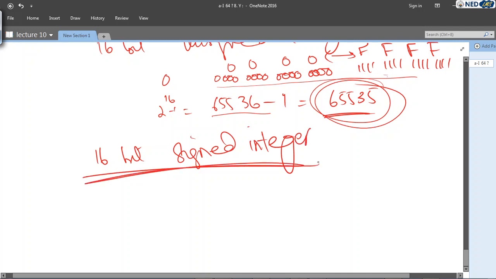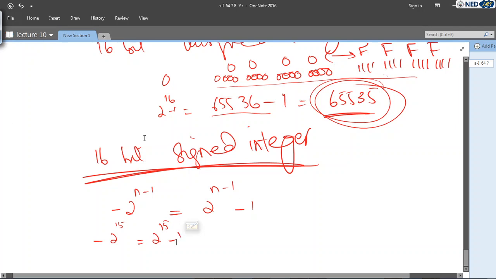The range would be, with n as the number of bits, minus 2 to the power n minus 1 all the way to 2 to the power n minus 1, minus 1. Just turn on the most significant bit, so you get minus 2 to the power 16 minus 1, which is 15, equals 2 to the power 15.